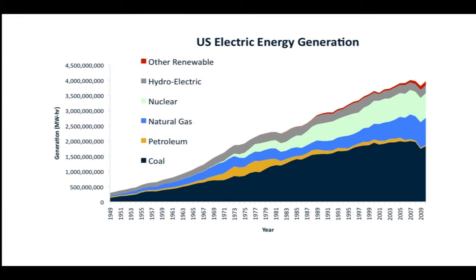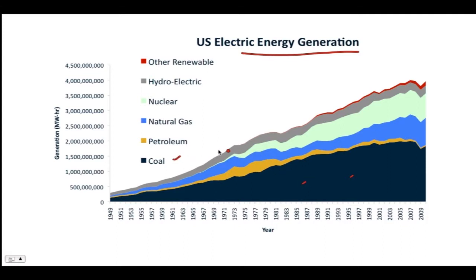Lastly, we'll just look at this chart quickly. This gives the trend and shows the electric power industry. This is the total power industry over time, and how much of the electricity is being produced from each fuel.